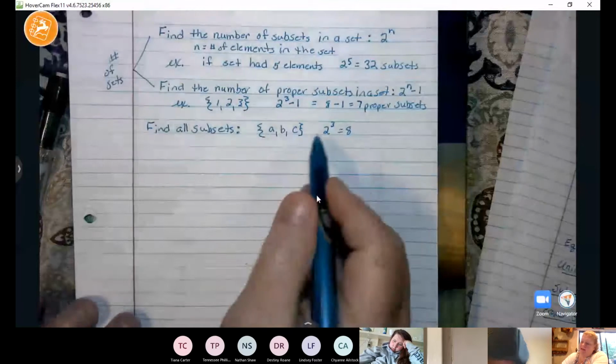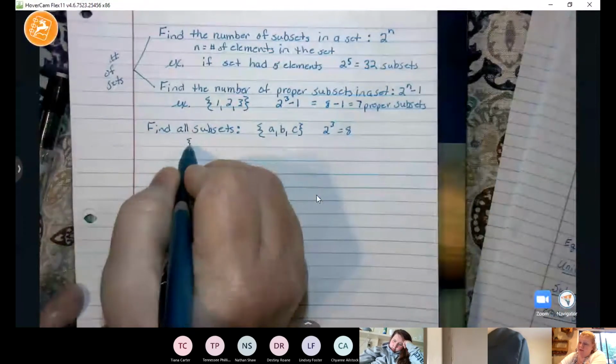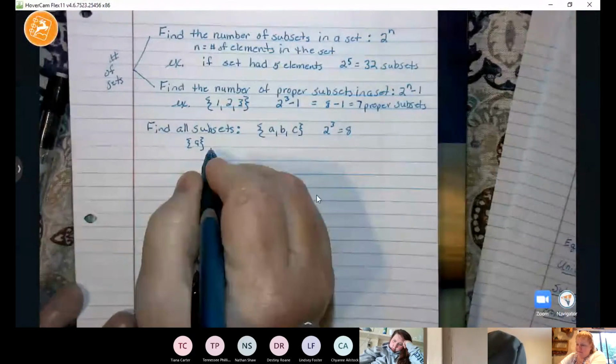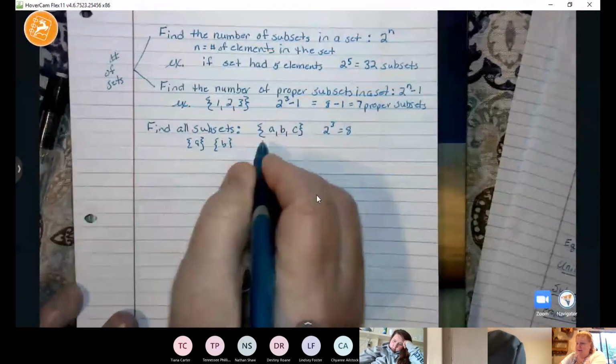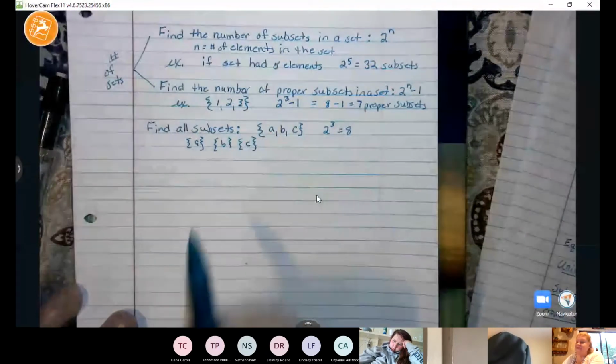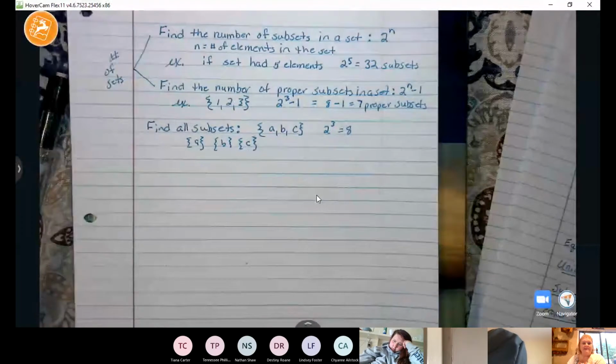So if I listed all the elements of 1, that means I would have set A, I would have set B, and I would have set C. In other words, I would have a set where I'd have each element only listed once. That is a subset of that original set.